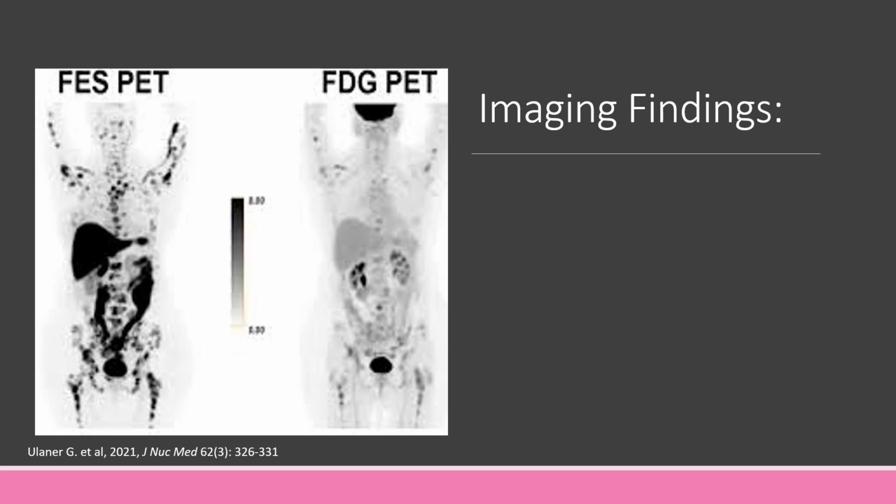Other molecular imaging methods may be needed to evaluate those particular malignancies, but in this case, invasive lobular carcinoma is nearly always, almost 95% of the time, estrogen receptor positive. And so ER targeting PET tracers such as FES are really valuable in these types of patients.